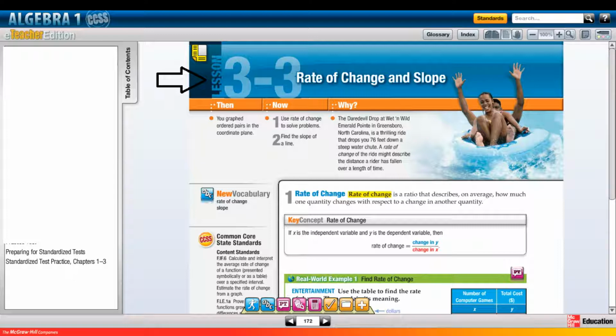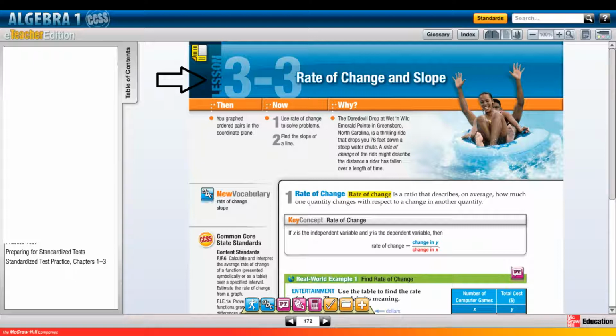If you divide the word into parts, you will notice that it's rate. So rate means part of a ratio, and that's why the rate of change is in fact a ratio.